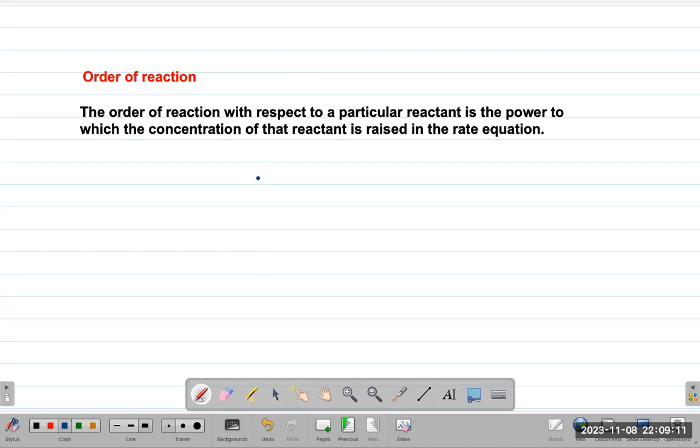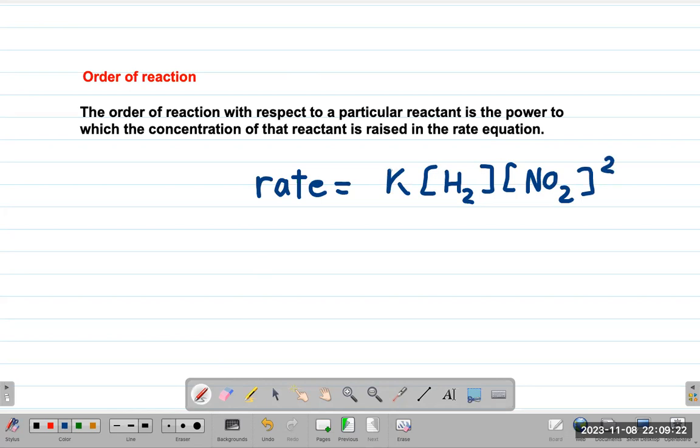If you have an example here, that the rate, for example, is equal to k multiplied by the concentration of H2 to the power of 1 and NO2 to the power of 2, the order of the reaction with respect to H2 is 1, and the order of the reaction with respect to NO2 is 2. But what is the total order?